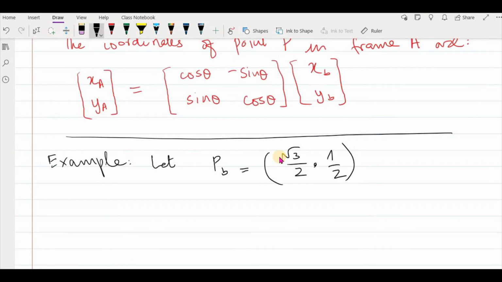And the length of the vector, should we describe it as point P?